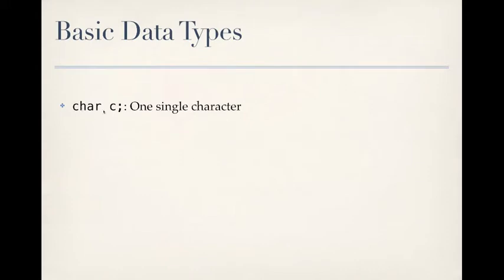Character c. So you maybe remember the terminology. This is the declaration of a variable called c, and c has the data type character. This is again totally the same as we have in C#.